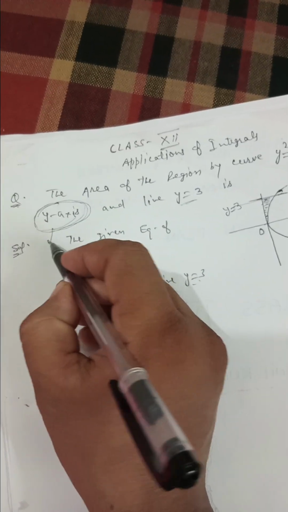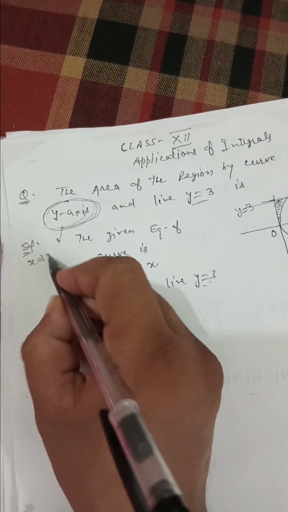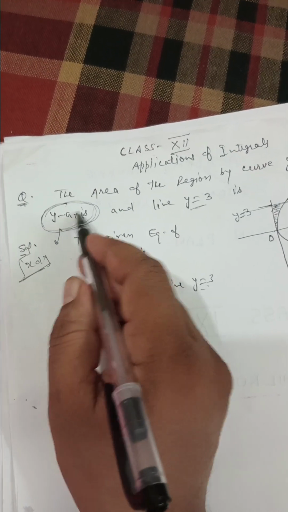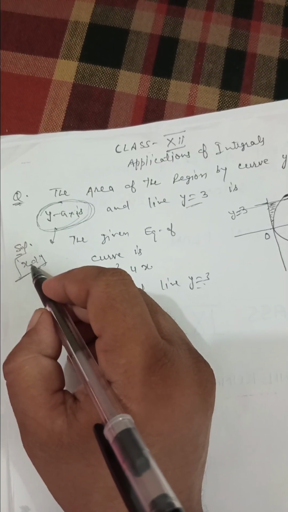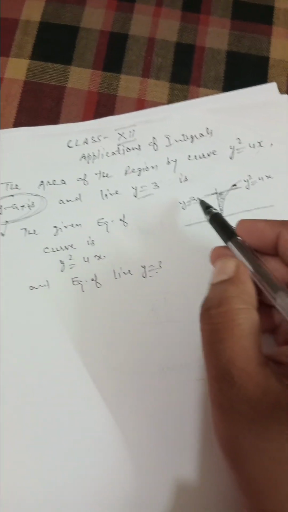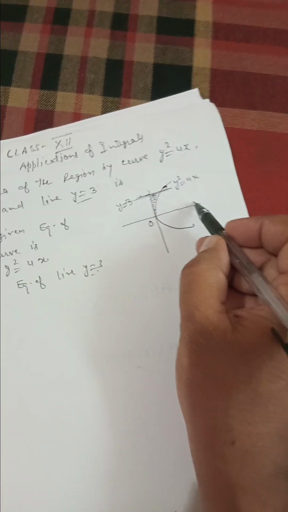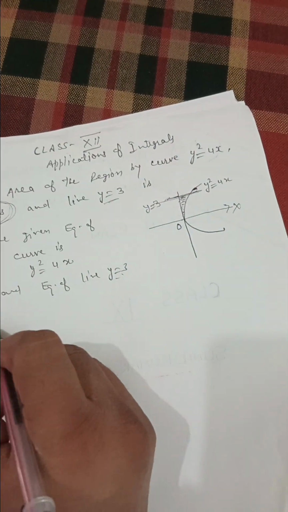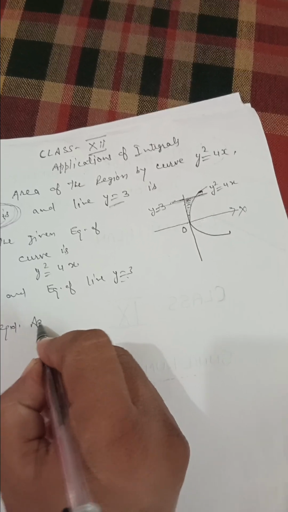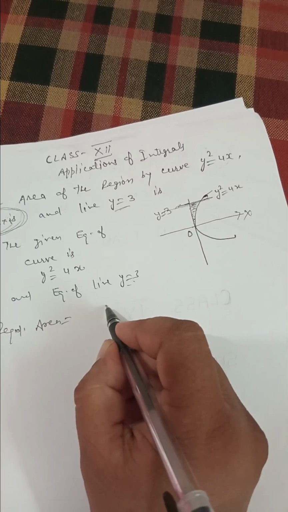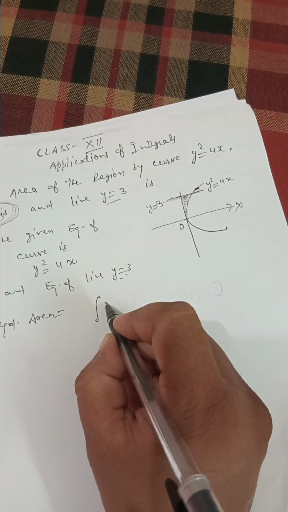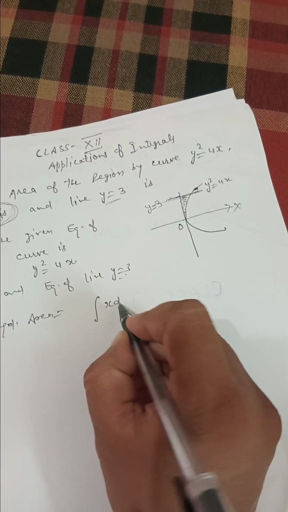Y axis means we have to find the area along x dy, and the line y equal to 3 is parallel to the x axis. So the required area will be equal to the integration of a to b x dy.